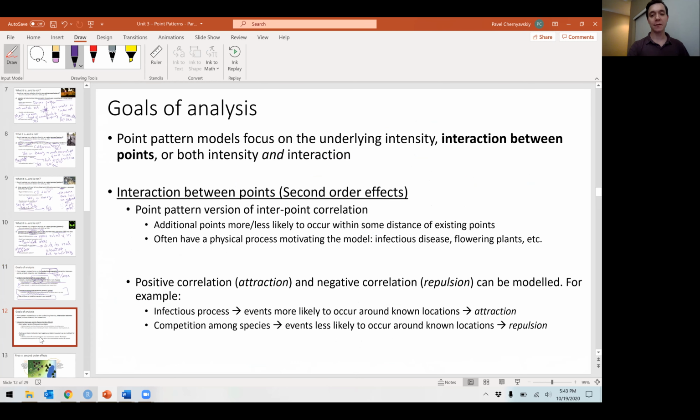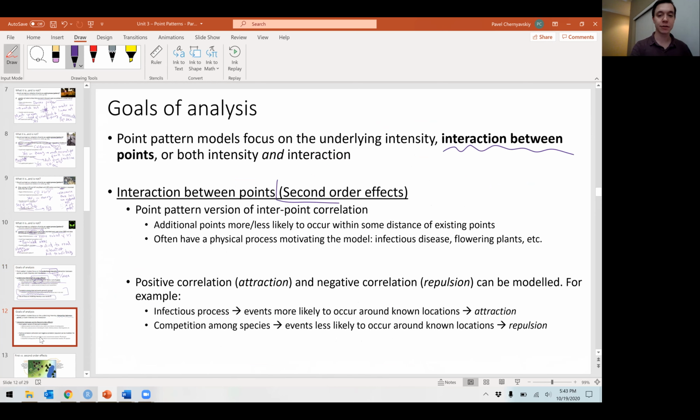You can instead focus on the interaction between points. The interaction between points is sometimes referred to as the second order effects. It's extending the concept of correlation to point pattern analysis. It's possible that if you have some kind of an infectious process or some kind of a flowering plant, naturally, you're going to have more points around, or the risk of observing an event is going to be higher around existing events.